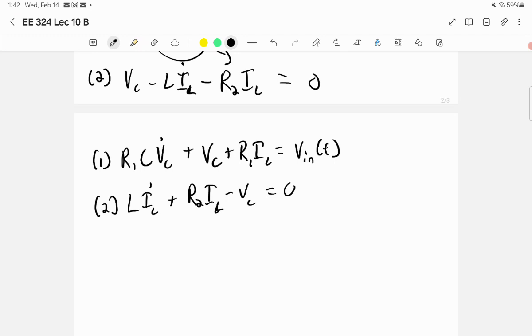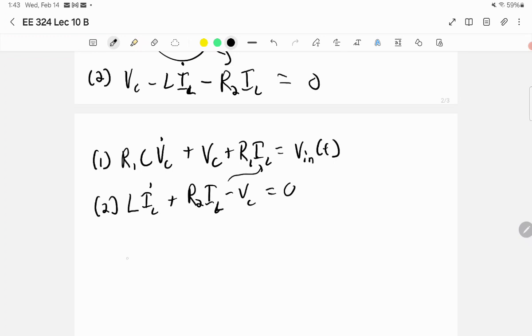So I think the most convenient thing to do is perhaps to solve for IL and substitute that in here. So let's do that.